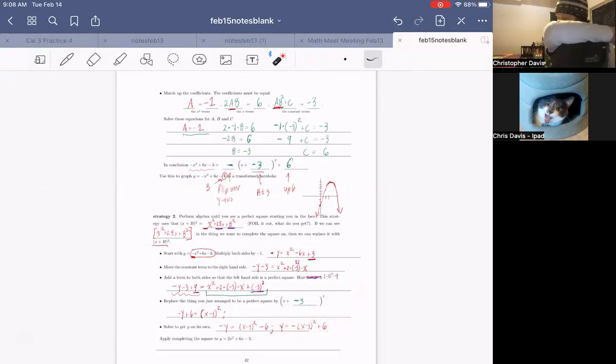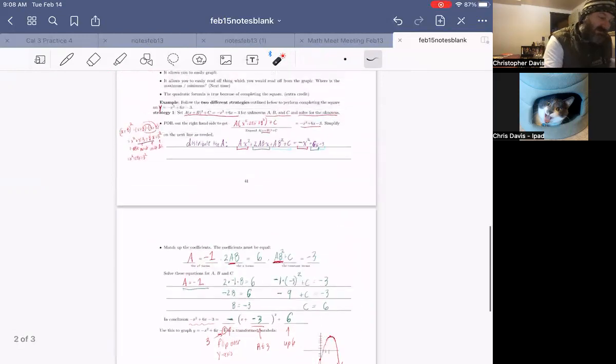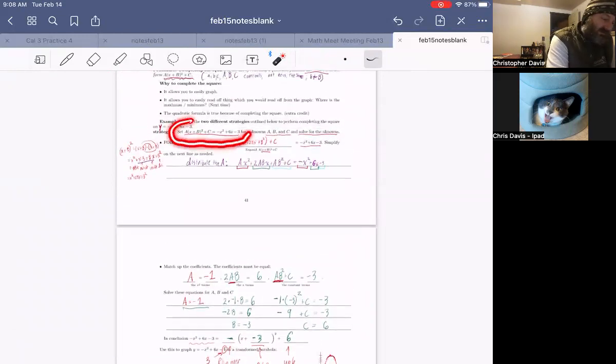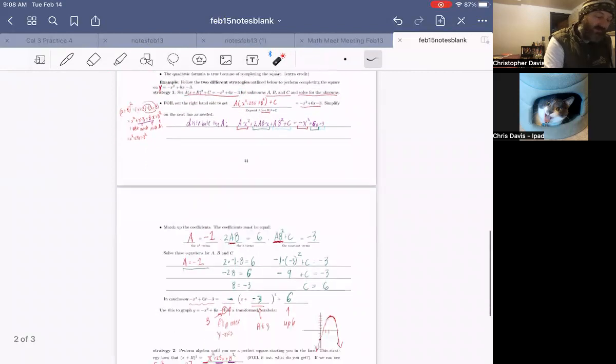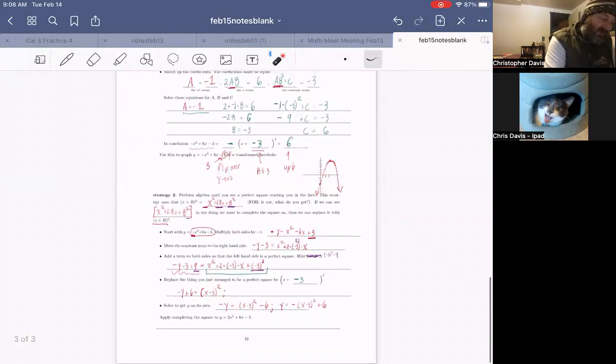So there are two strategies to complete the square. One, write down the equation that you would like to be true and solve for the unknowns capital A, capital B, and capital C. The other way is write down this equation, y equals the quadratic you'd like to work with, do some things to both sides of it until you turn it into y equals something that looks like a perfect square plus a remainder.